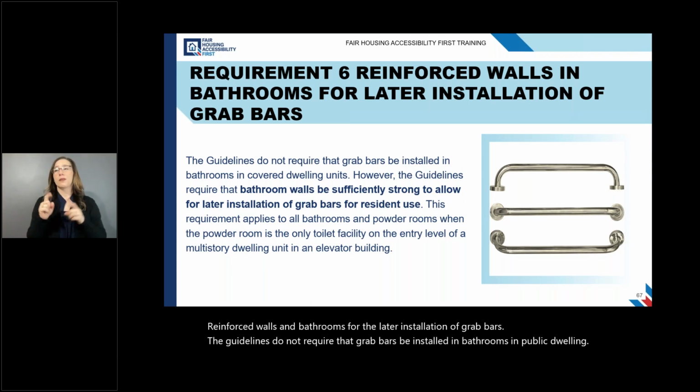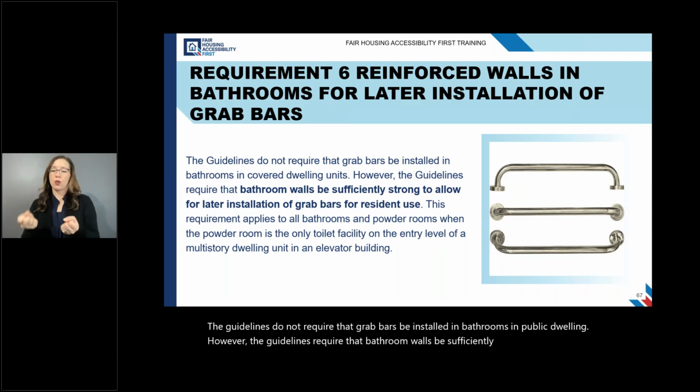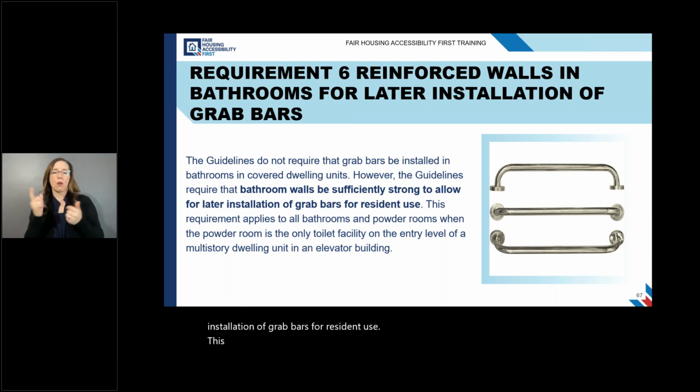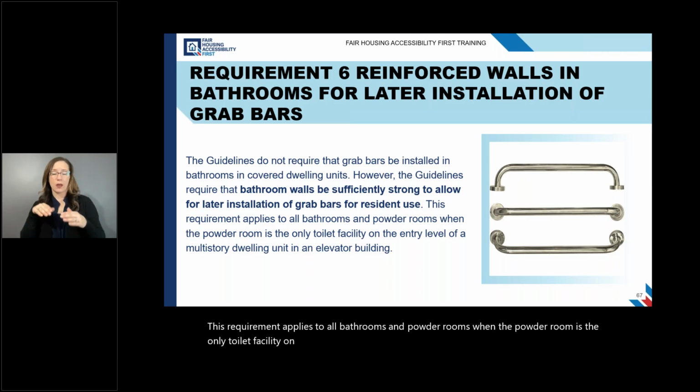However, the guidelines require that bathroom walls be sufficiently strong to allow for later installation of grab bars for resident use. This requirement applies to all bathrooms and powder rooms when the powder room is the only toilet facility on the entry level of a multi-story dwelling unit in an elevator building.